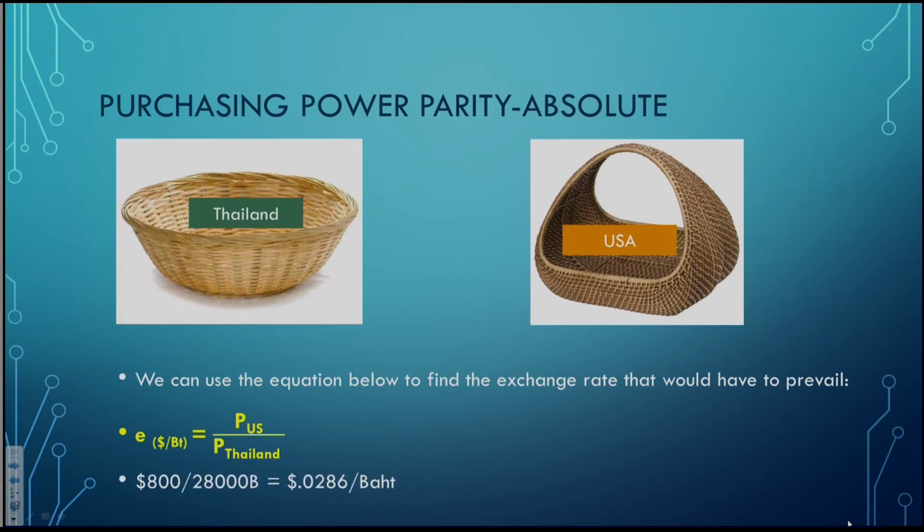Well, $800, the price in the US, divided by 28,000 baht gives us that exchange rate. So what we've just calculated is that the exchange rate would have to be $0.0286 per baht in order to buy the same bundle in the two different countries.